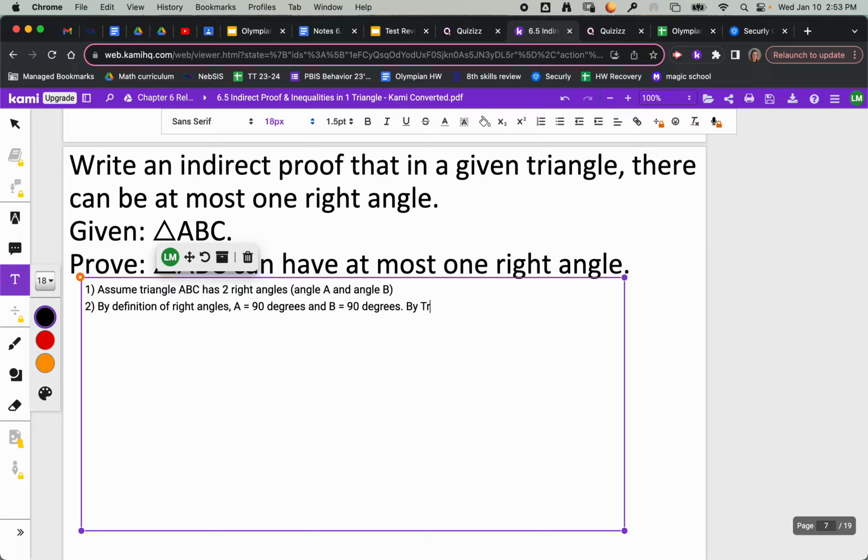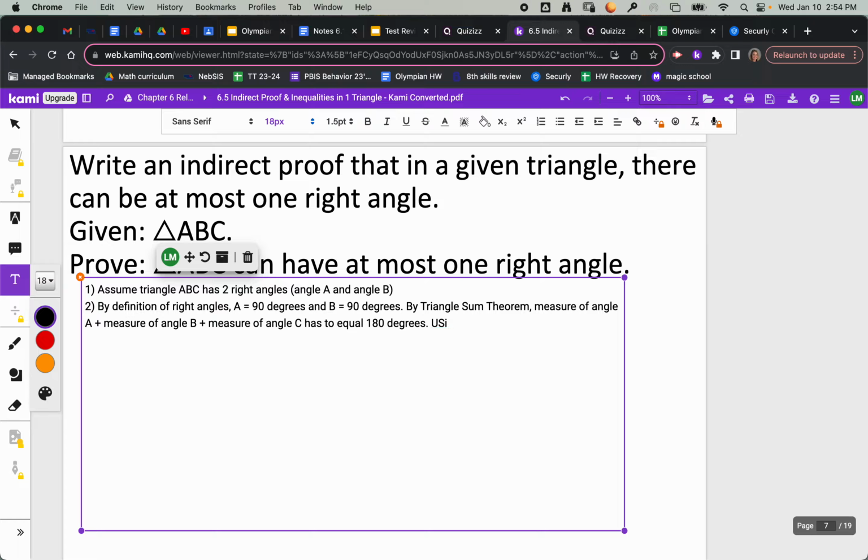But by the triangle sum theorem, the measure of angle A plus the measure of angle B plus the measure of angle C has to equal 180 degrees.